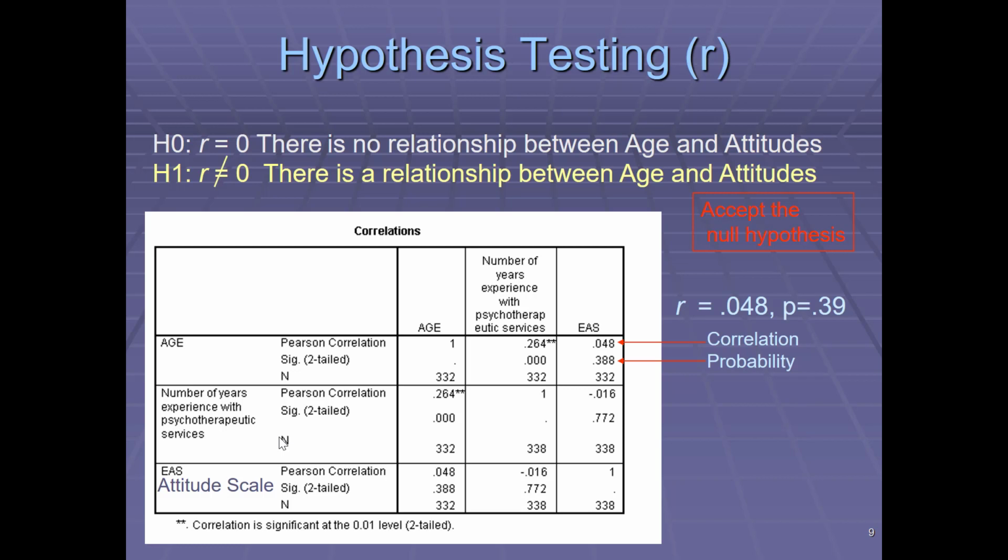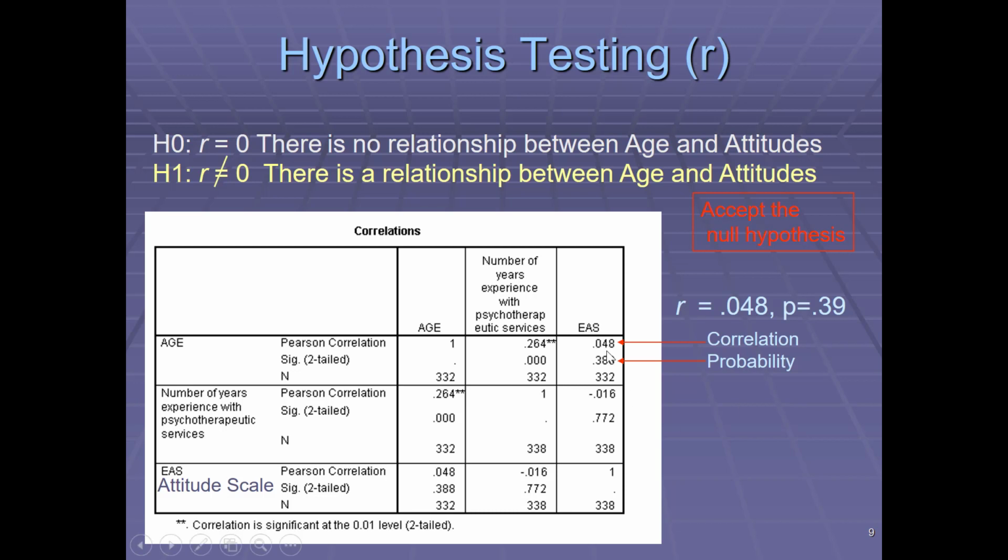So looking at your correlation here, with Excel, it would look a lot different. This is an actual photo of SPSS. But looking at this, we're looking at age and attitudes and whether there's a correlation between the two. So R, that is our actual Pearson correlation.